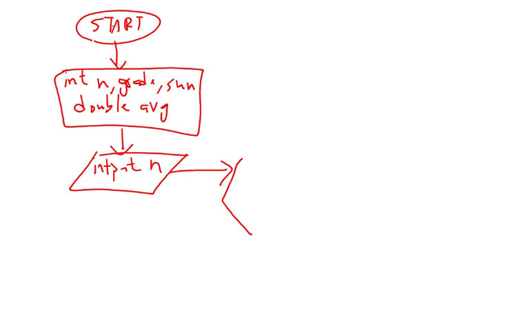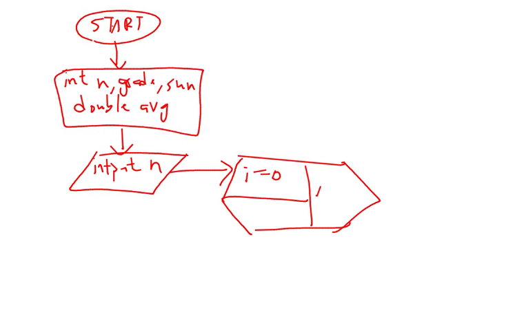So let me show you how this for loop is going to work exactly. We start with I equal to 0, and then we check, as long as I is less than or equal to n. Is I less than or equal to n? If it is, what do we do? We ask for a grade, input grade.